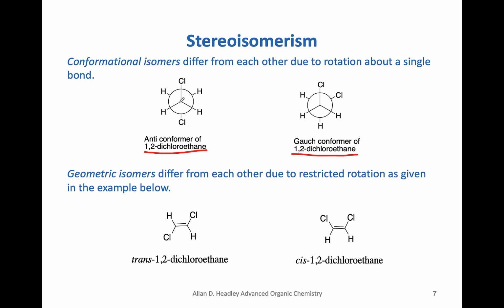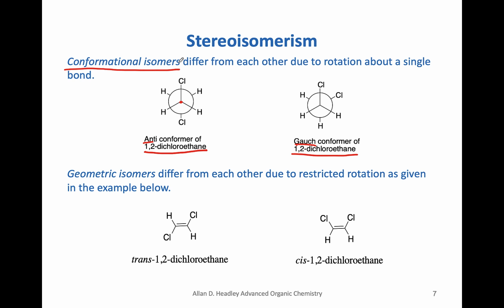However, based on the rotation about this bond and the carbon in the back, it's possible to have the anti and another conformer called the gauche. So these are called rotational isomers or conformational isomers that differ only due to rotation about a single bond. We'll see examples of that before too long. So these are conformational isomers.